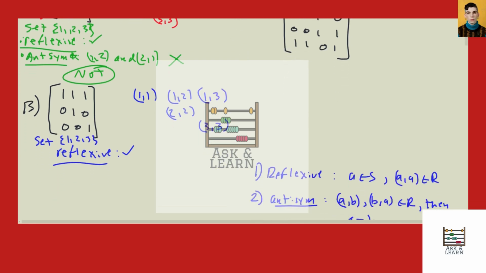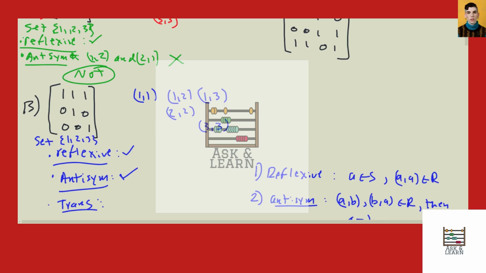Let's check to see if it's anti-symmetric. So let's see. Do we have anywhere it's flipped? So we don't need to check the diagonal. All we really need to check are these two. Well, we have 1, 2 and 1, 3. But we don't have 2, 1 and we don't have 3, 1. So anti-symmetric holds.